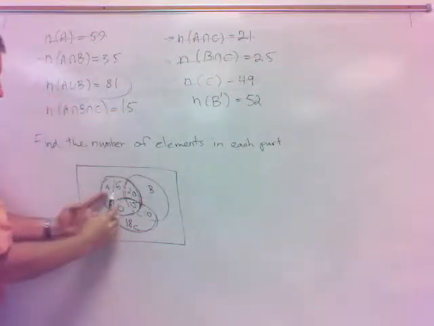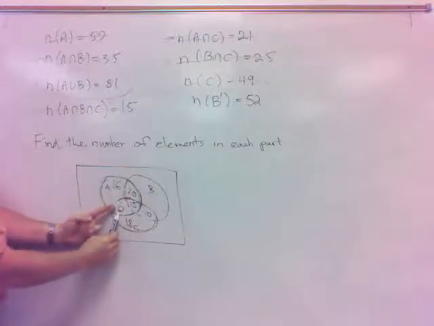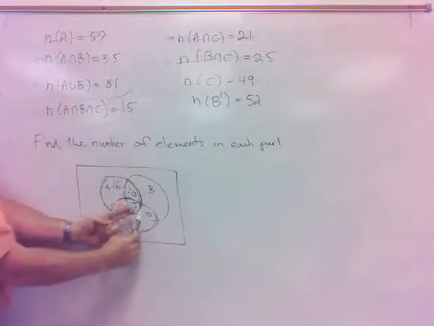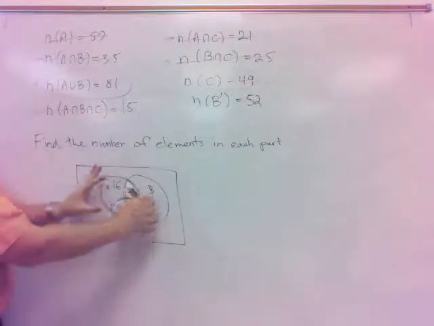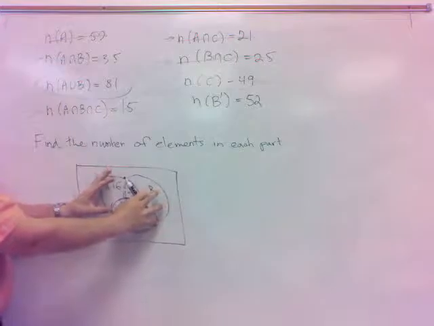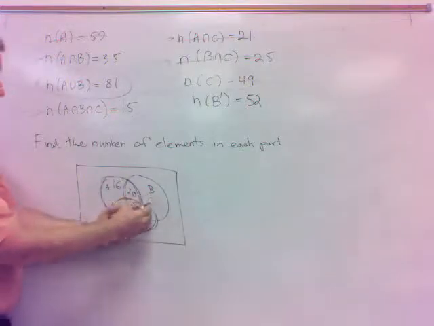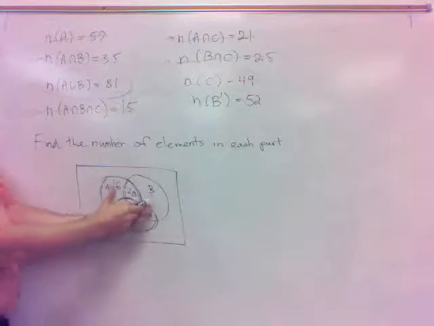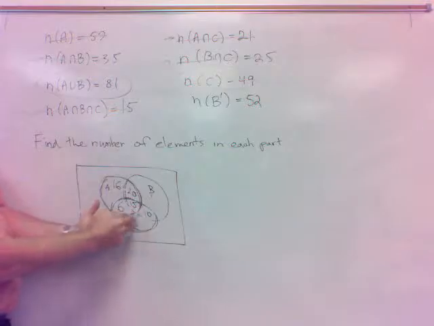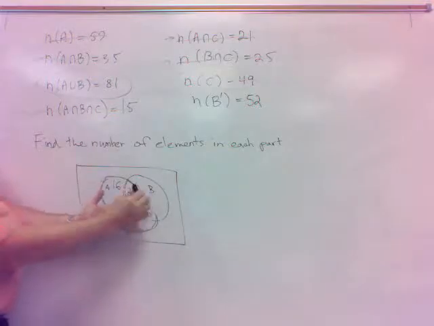So A union B has 16, 6, 20, 15, 10, and that. Everything in those 2 sets, which is 6 parts, a lot of parts, but the good news is I know all of them except one of them. So I can figure out that one. These all have to add up to 81.